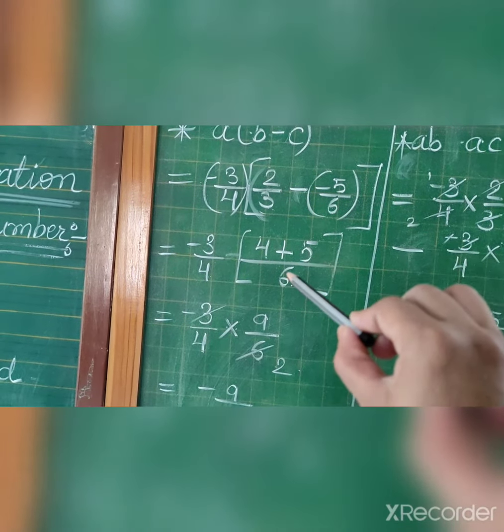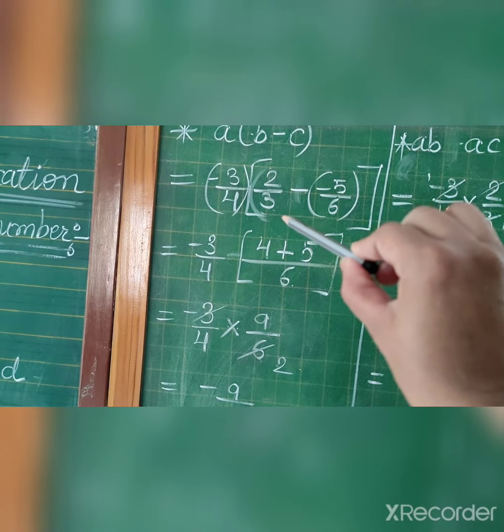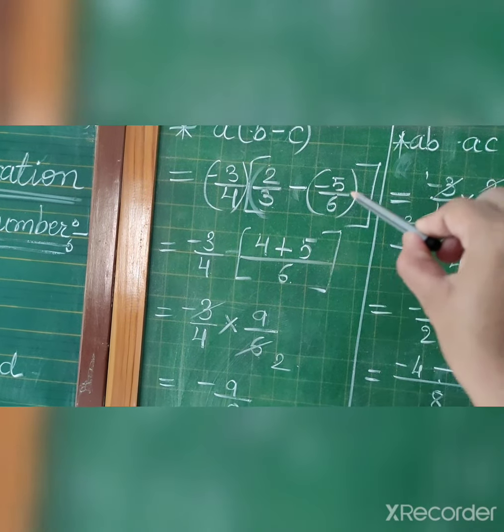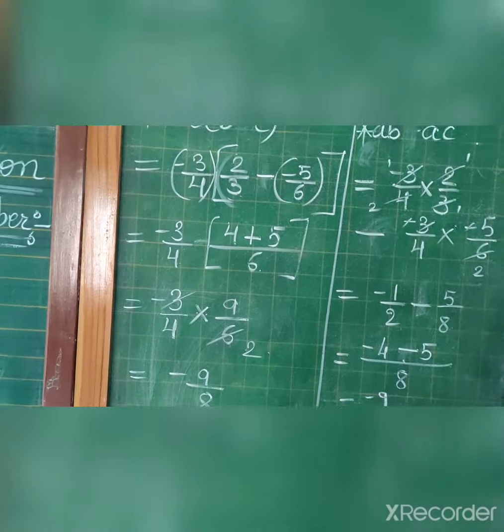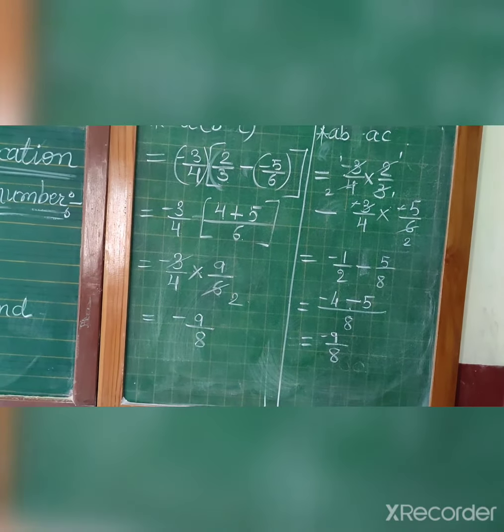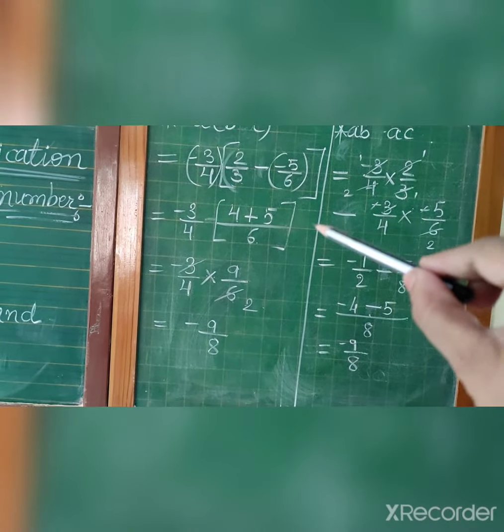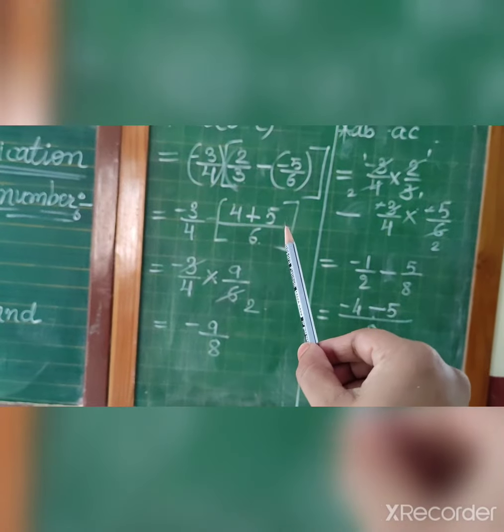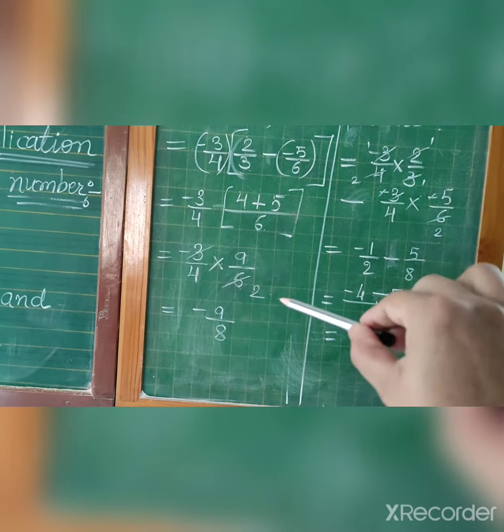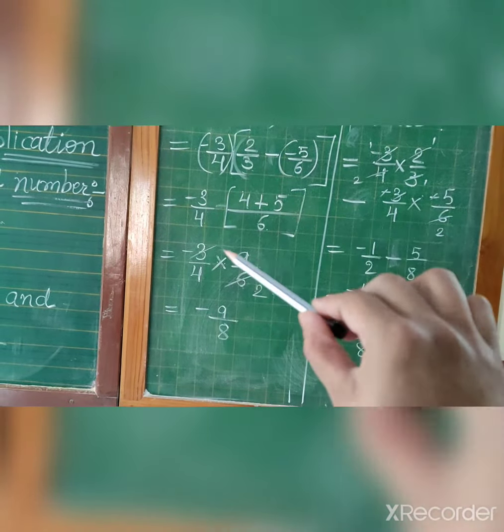LCM will be 6. 6 divided by 3 is 2 times, 2 twos are 4, plus 6 divided by 6 is 1 time, then 6 ones are 6 and 5 ones are 5. Then minus 9 upon 6. 3 twos are 6, 3 ones are 3. 9 ones are 9, 4 twos are 8. So answer is minus 9 upon 8.